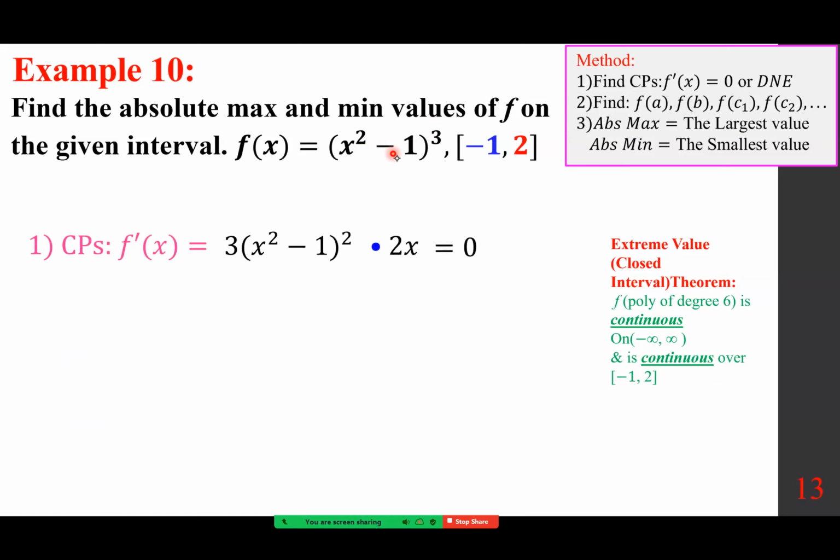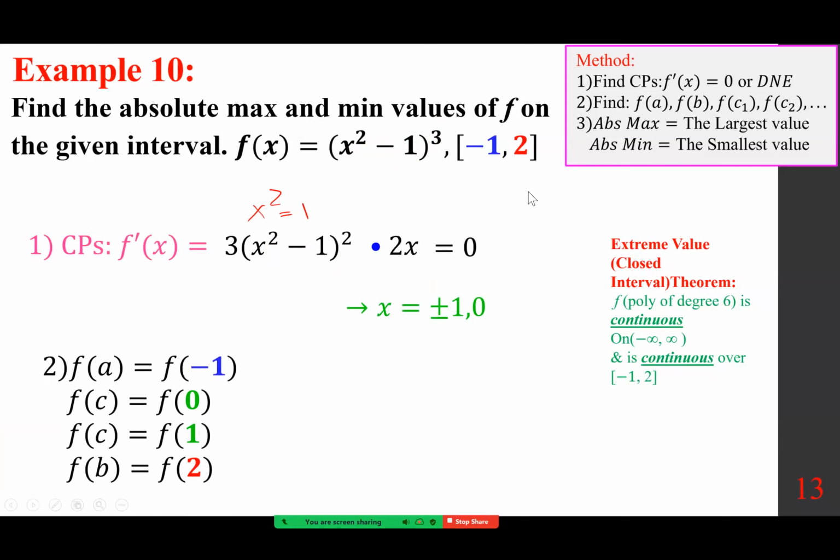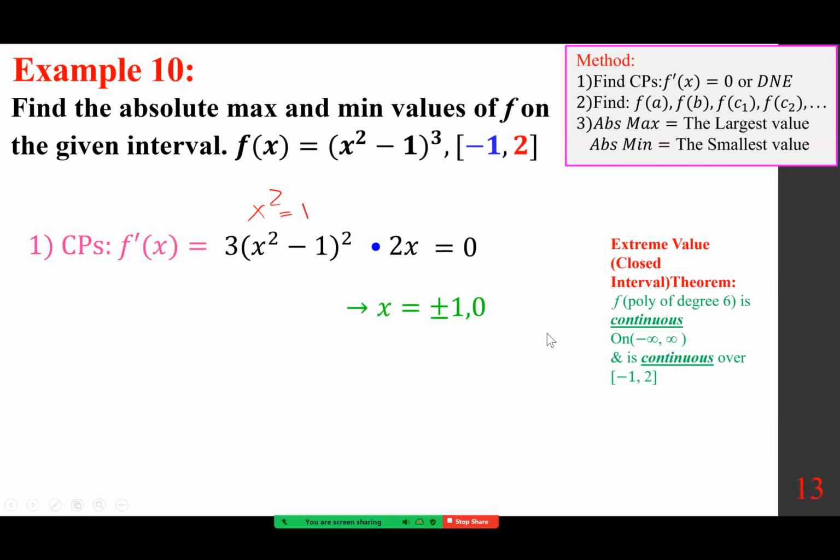I can simplify it, but I don't have to. This one gives you 0. This one gives you x squared equals 1, and x is plus minus 1. There are 3 answers, everybody. I want you to notice that there are 3 answers.